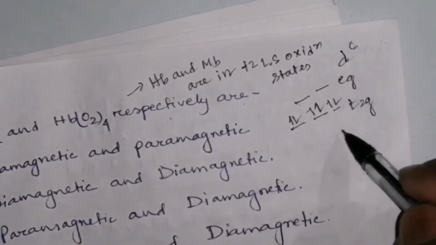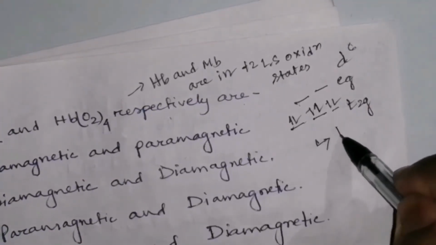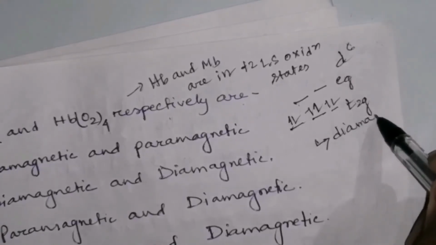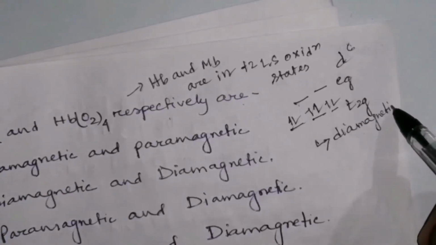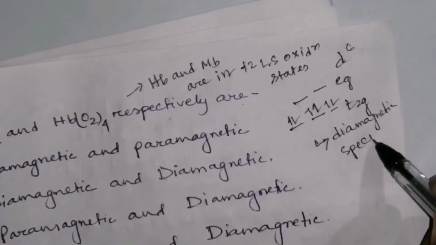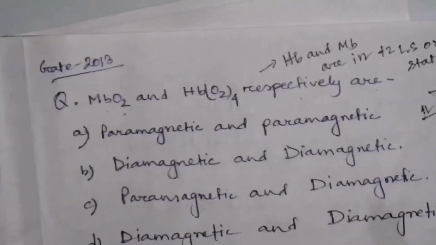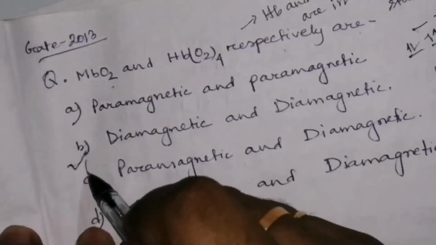So this leads to a diamagnetic species. So we can say that option B is correct.